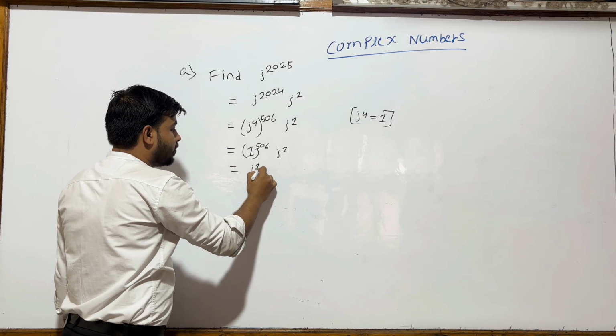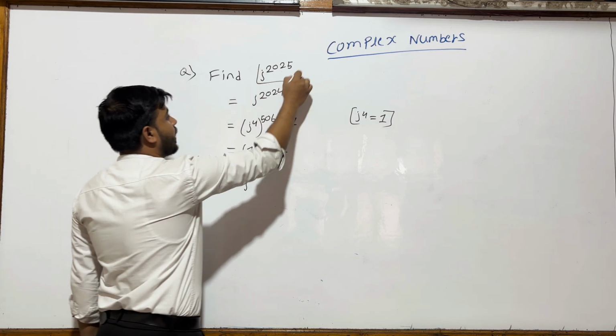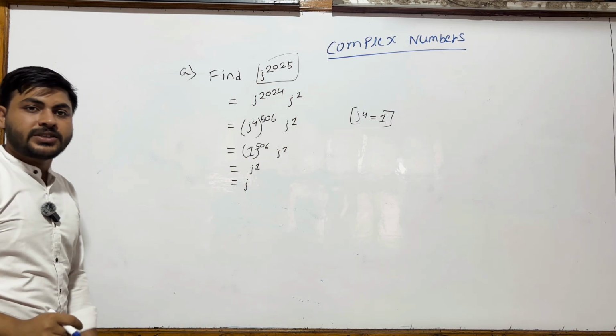So that is i to the power 1, that is i. So the value of i to the power 2025 is i. Understand?